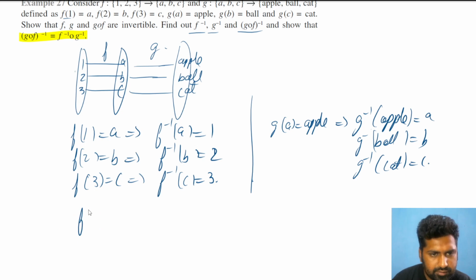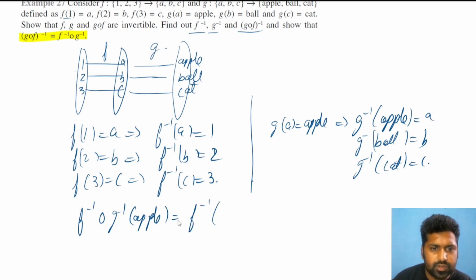Let's calculate f inverse of g inverse of apple. That is, g inverse of apple is A, and f inverse of this is 1.